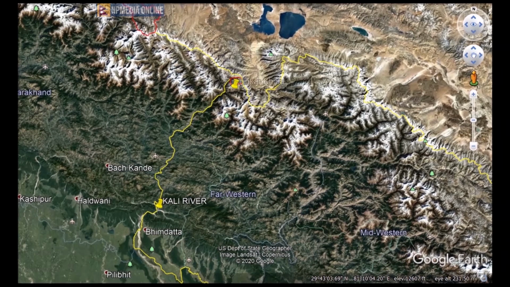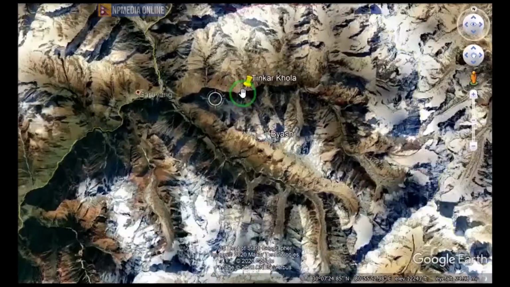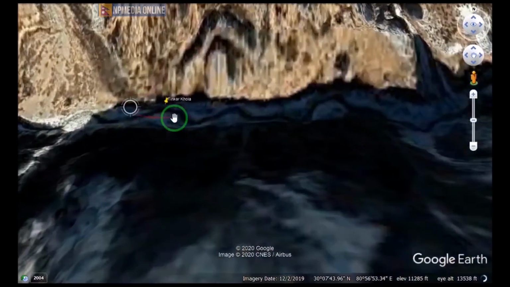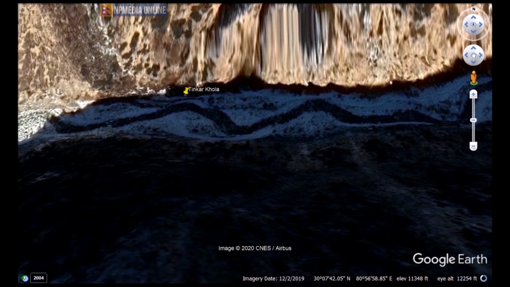Place 2, Tinker-Cola. It is a small brook.